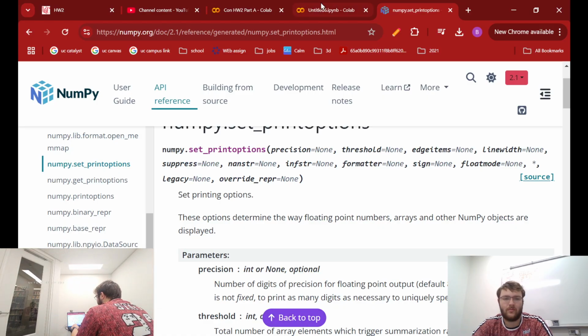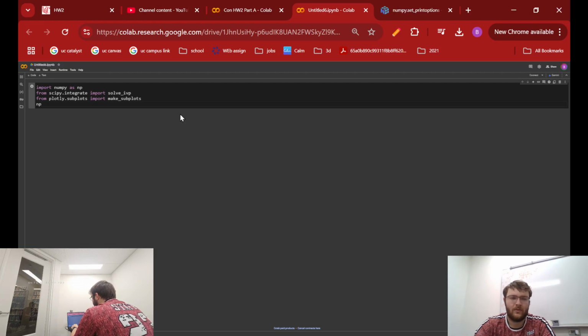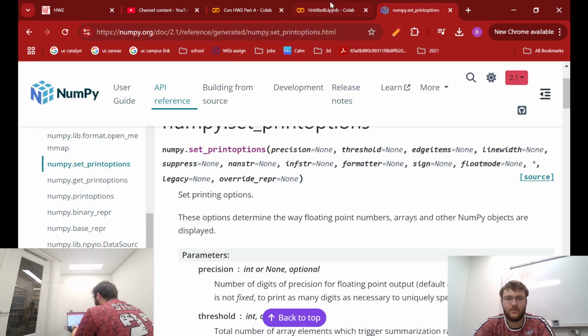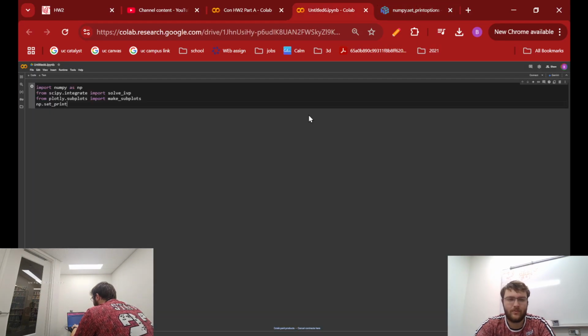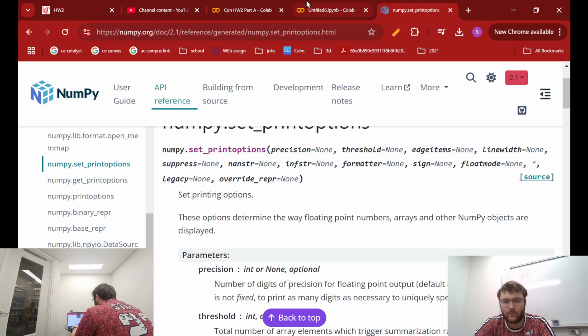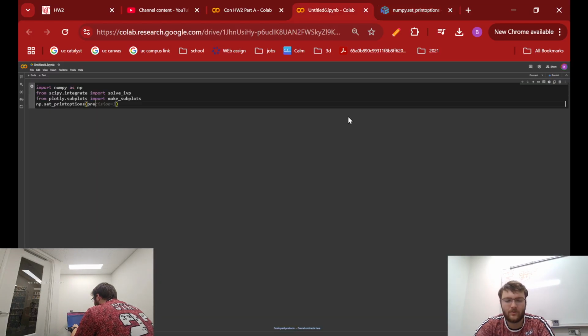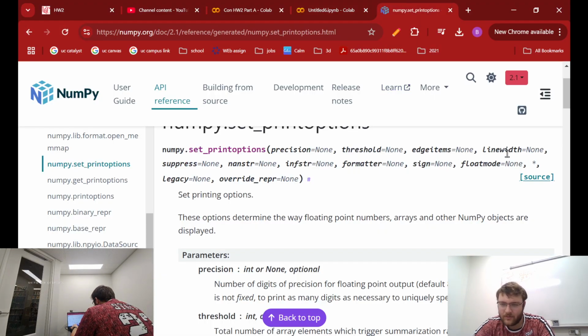So then it would be np.set_printoptions, and then we want a precision of 1, and then what was the other one?